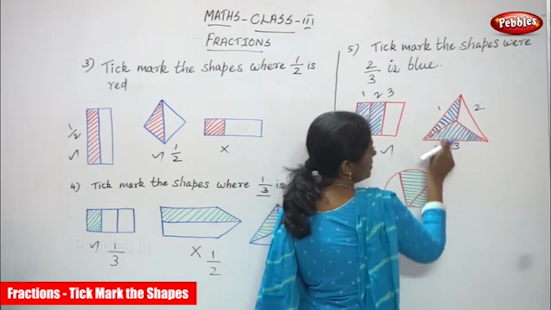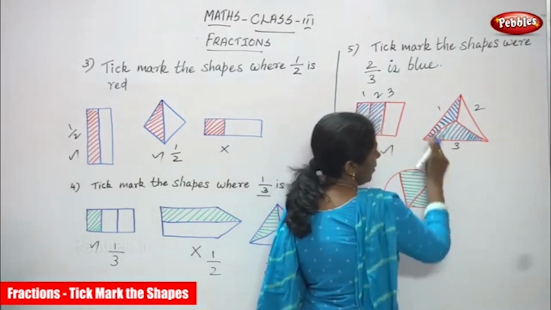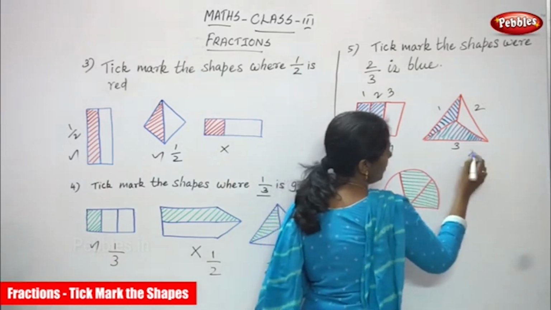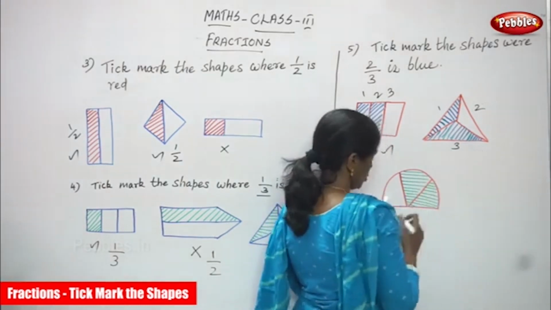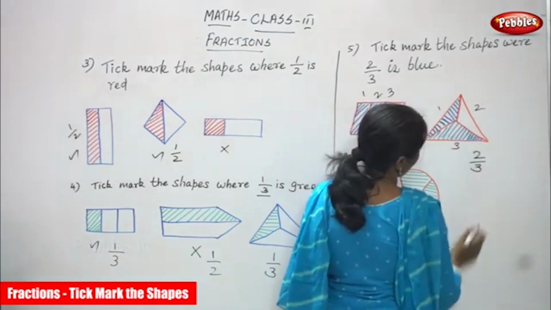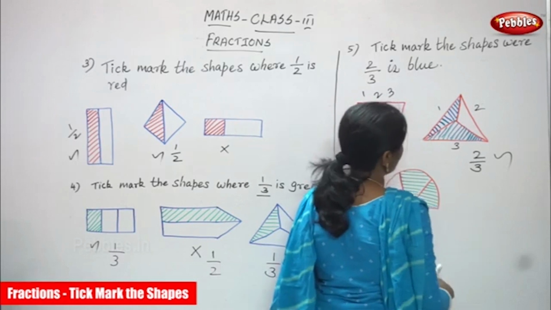Triangle. I shaded two parts in blue color. So 1 and 3 I shaded in blue color. So it comes under 2 by 3. It comes under what? 2 by 3 portion. It is 2 by 3 fraction. So I put a tick mark for this diagram also.